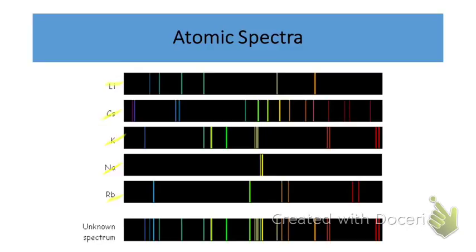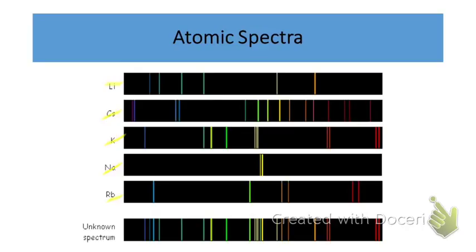So line spectrums can not only help us to understand the quantum theory better, but they are also a way of determining what element we actually have. If we see the line spectrum of an element and we don't know what it is, we can compare the line spectrum that we see to the known elements and determine what element we have. So in a way, line spectrums are often referred to as the fingerprint of an atom.